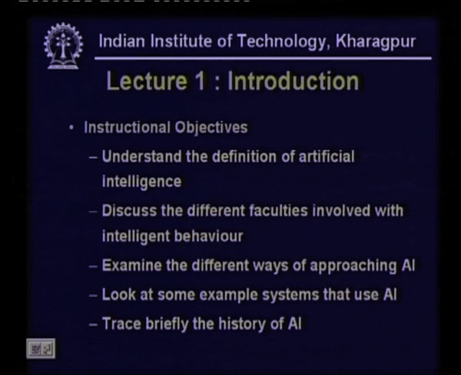We will also be examining the different ways of approaching AI. And finally, we will also look at some well-known, popularly known example systems that have been constructed, which use AI. And lastly, we will also take a brief look at the history of AI.